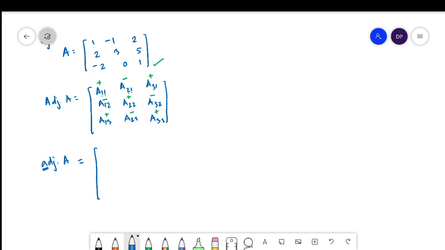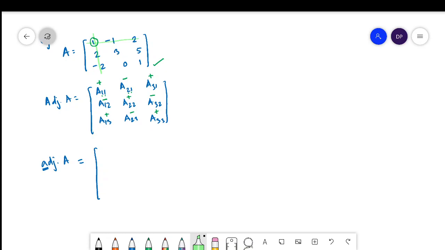To find the cofactor, capital A11 is the cofactor of small a11, isn't it? So we have to find the cofactor of this element. In order to find it, you just delete this row and this column and find the determinant of the remaining elements.